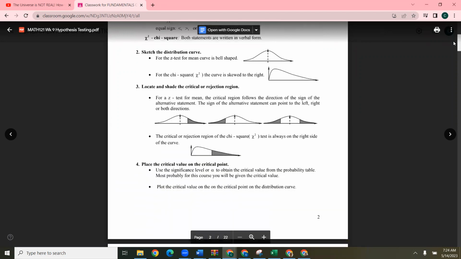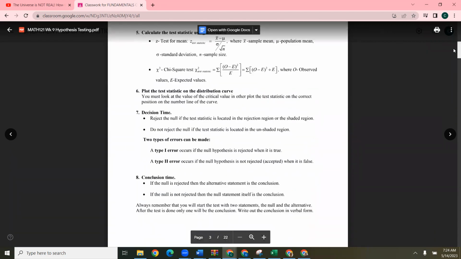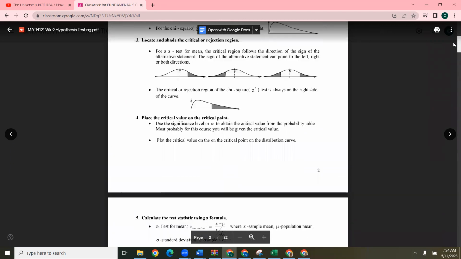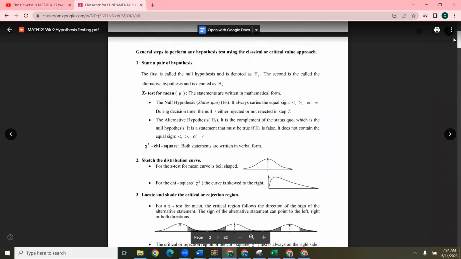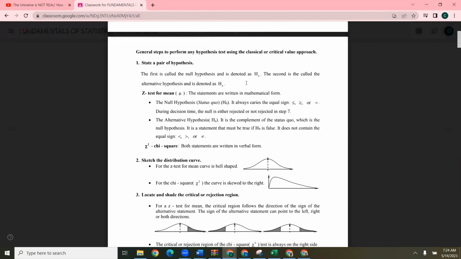So here you've got 8 steps. Now there is another document in that same Google Classroom that deals with the steps for the critical value approach, specifically for z-test for mean. So we can take a look at that. But also there are examples in this unit that we can also look at.